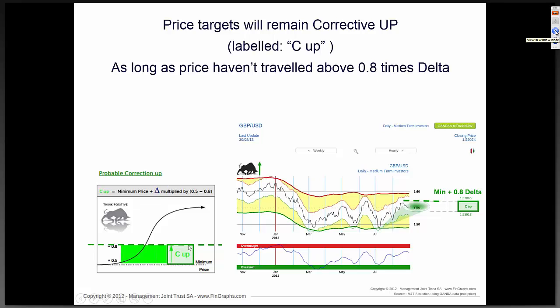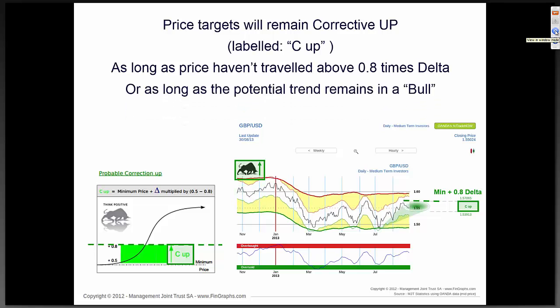We've been using this 0.8 factor of delta since the early 90s. Or as long as the potential trend remains in a bull, it is still labeled correction up.